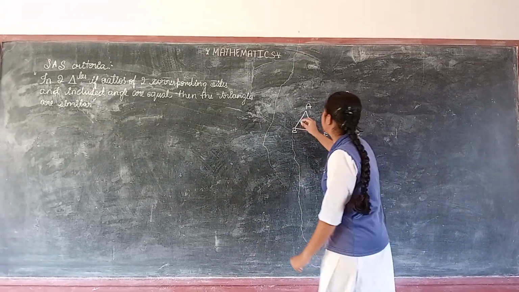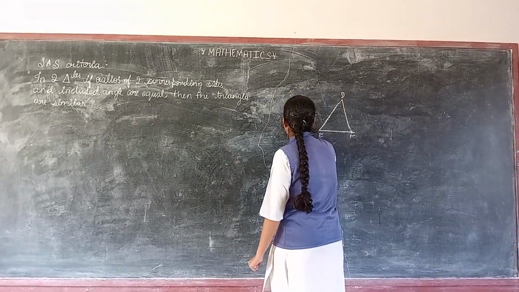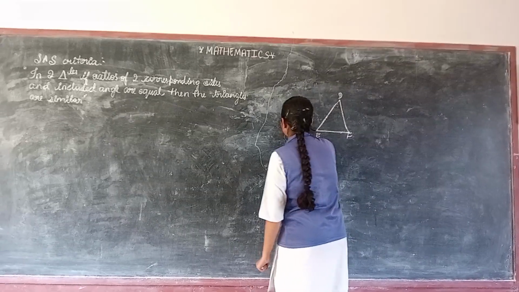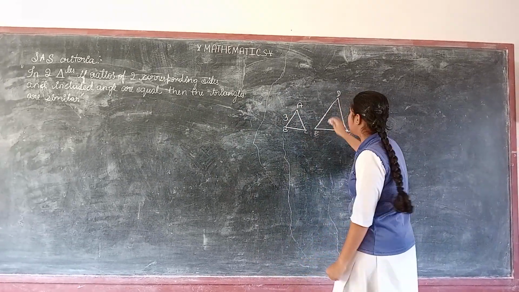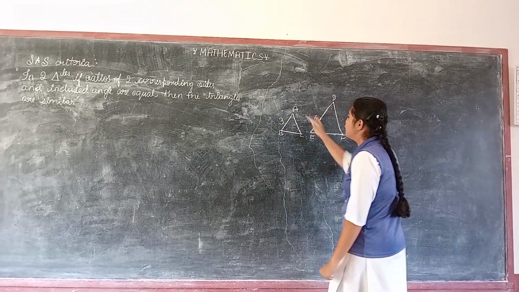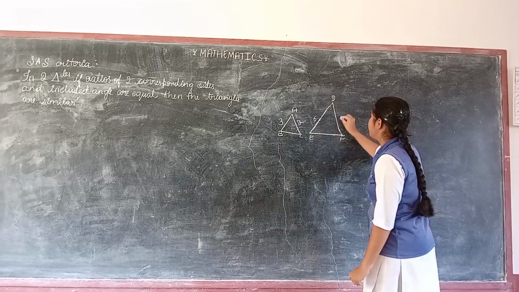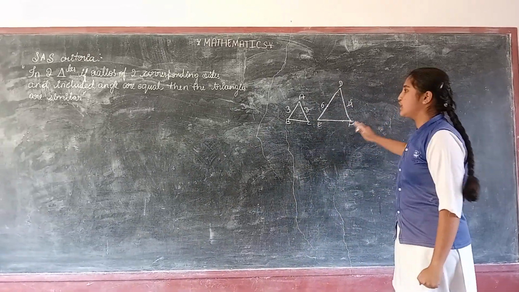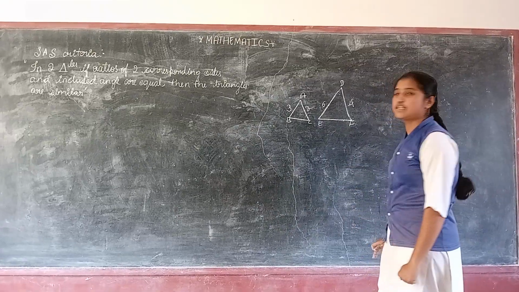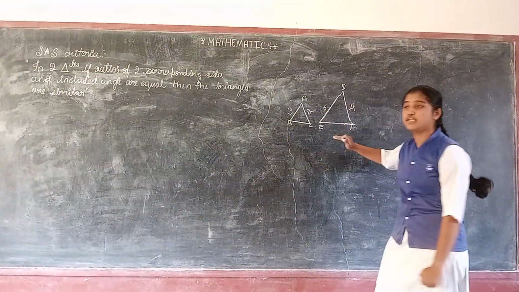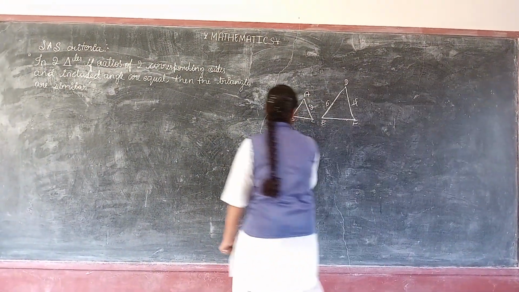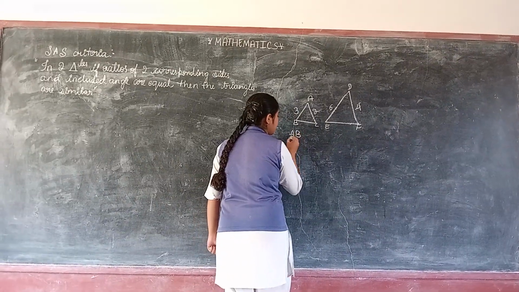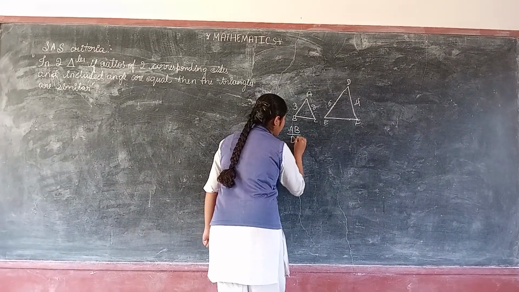Now if I give values, AB as 3, then DE as 6, AC as 2, DF as 4. Now let me take ratios of two corresponding sides. Ratios means we have to divide one corresponding side by the other. Ratio of corresponding sides means AB by DE.